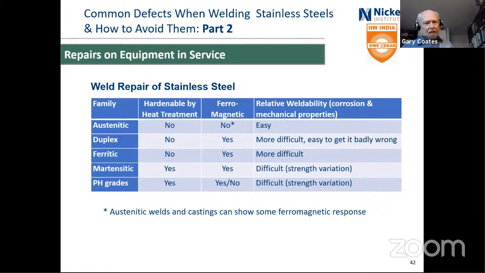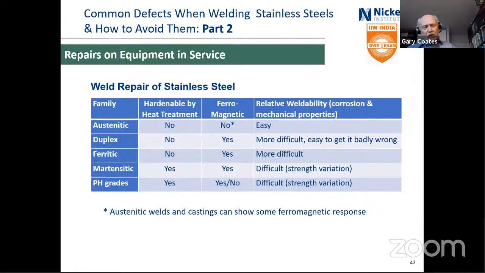In other words, short time heat treatments: austenitic, duplex, ferritic, no. Martensitic and the PH grades are hardened by a quench and temper. Well, sorry, martensitic are done by a quench and temper, PH by another heat treatment, but you will affect the properties of the base metal when you do a repair weld. Another parameter is whether they're ferromagnetic.